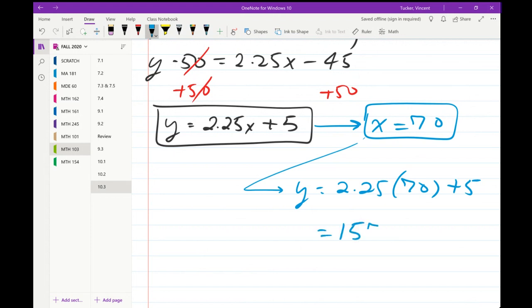So that's 157.5 plus 5, 162.5. All right. So that's how many grams would dissolve in 100 milliliters of water at 70 degrees Celsius.